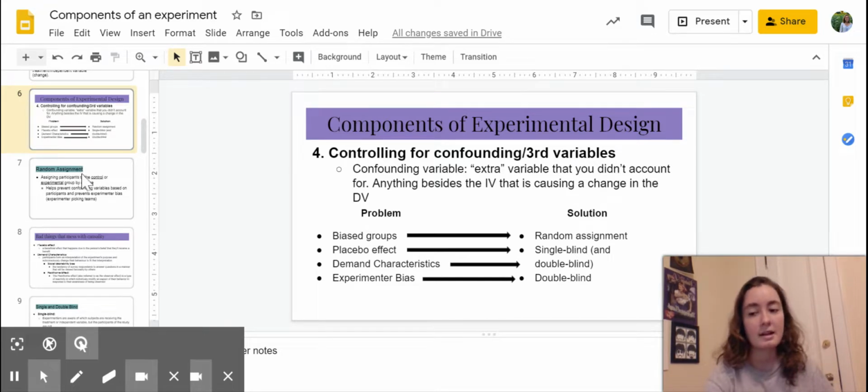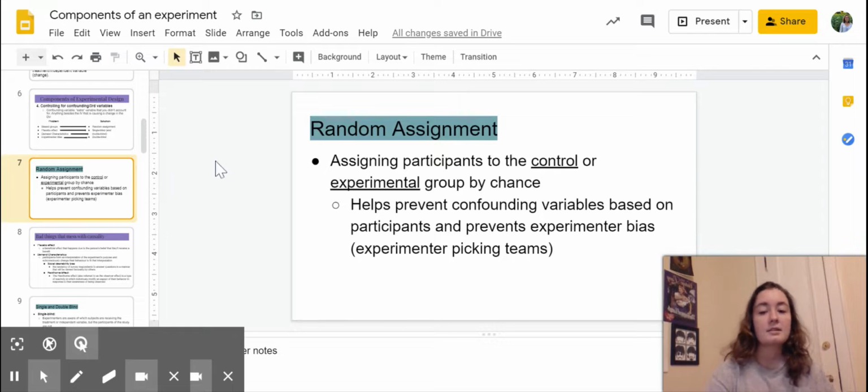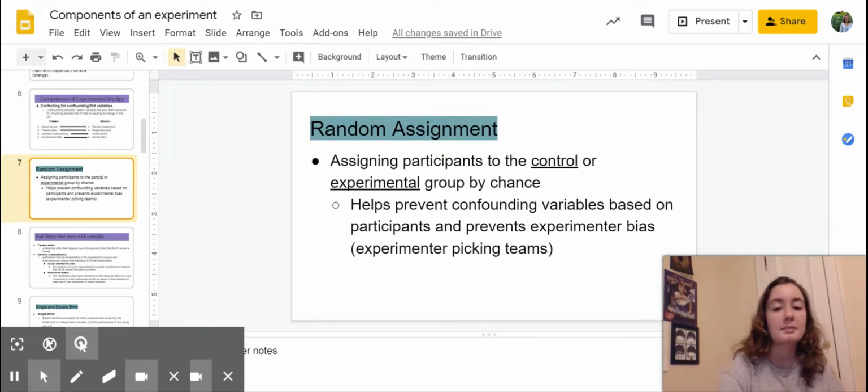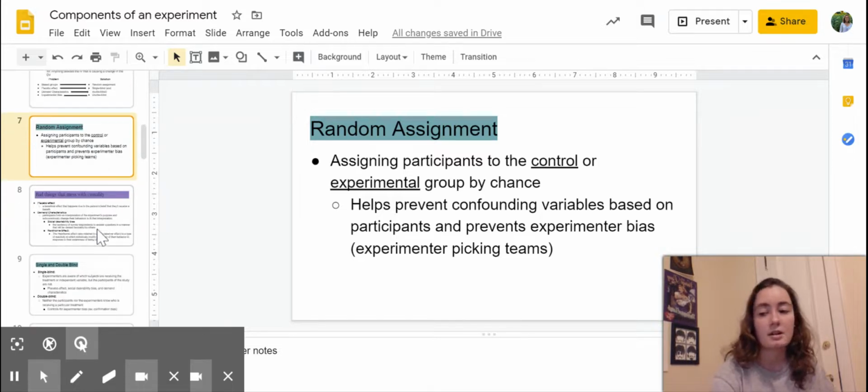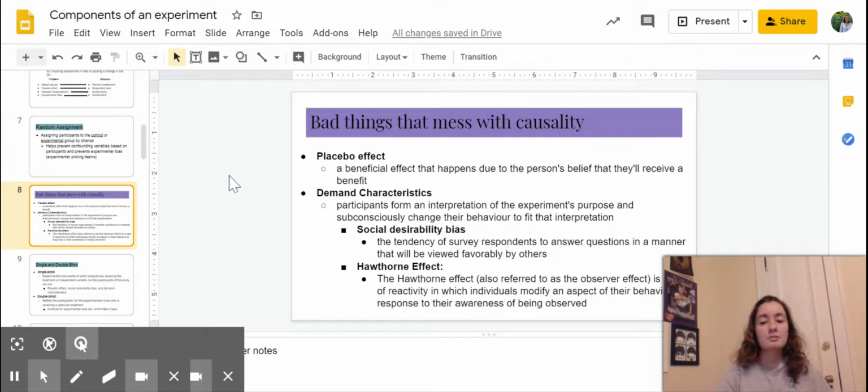So like I said, random assignment, again, is just assigning participants to the control or experimental group by chance. And know that this is very important, one, because it's only an experiment that has random assignment, and two, because it helps prevent confounding variables from interfering and ruining your causation. So just to elaborate a bit, placebo effect is the beneficial effect that happens when a person believes they're going to receive a benefit.